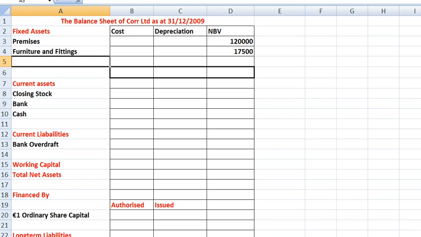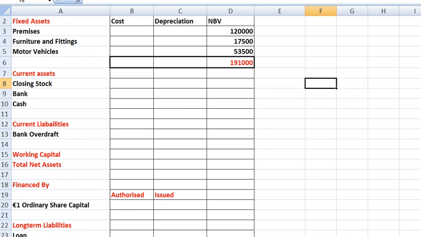And then the last fixed asset is motor vehicles, and that is 53,500. Other examples of fixed assets might be land, buildings, equipment you might see as well. So we're going to total up those fixed assets here, and I'm going to put them in red as well. So 191,000 is the total for the fixed assets.